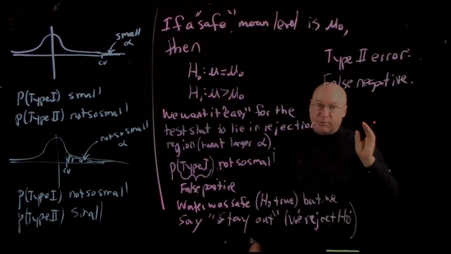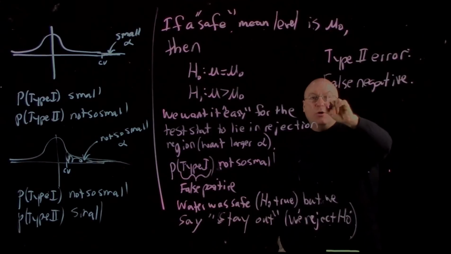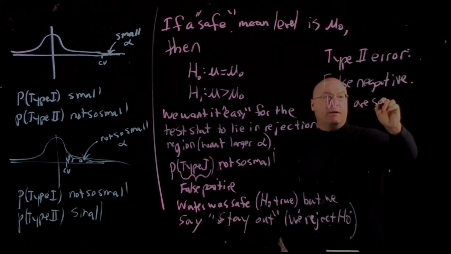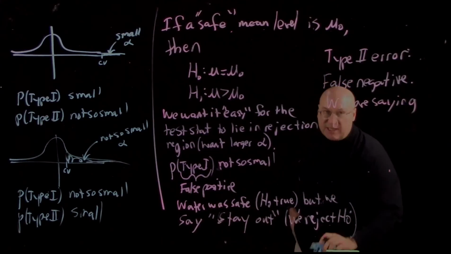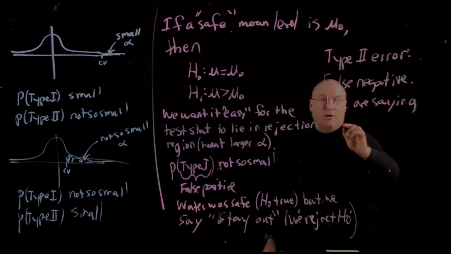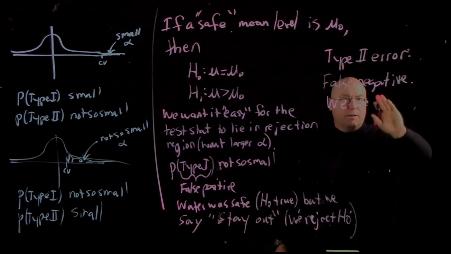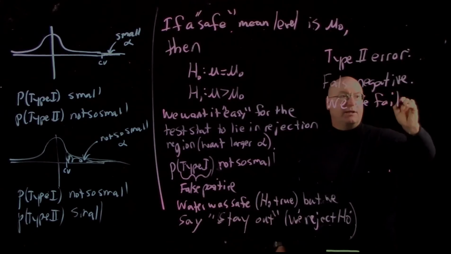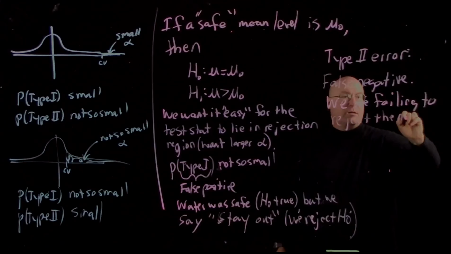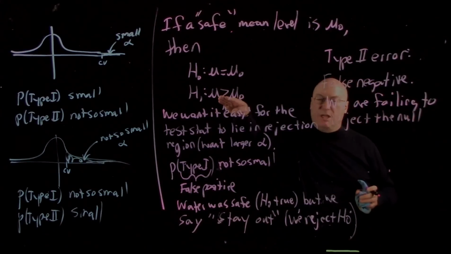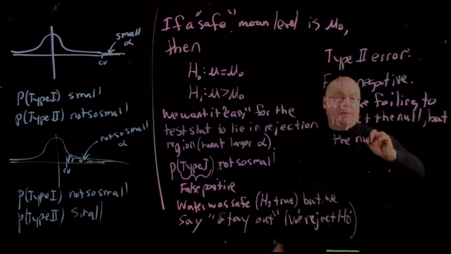That's when we have a bad situation, right? When we have a type 2 error, we are failing to reject the null. So the test is negative. We don't believe this, but the null is in fact false.